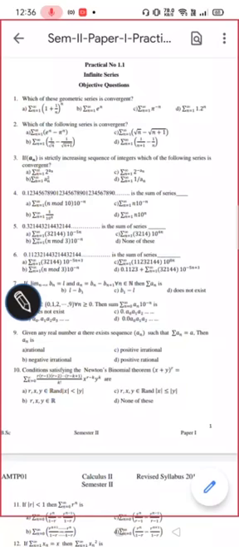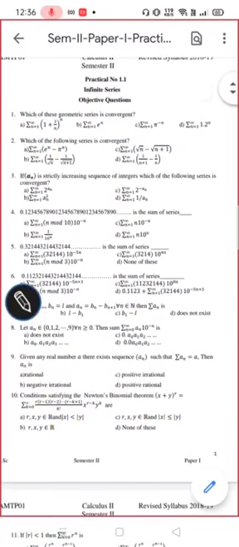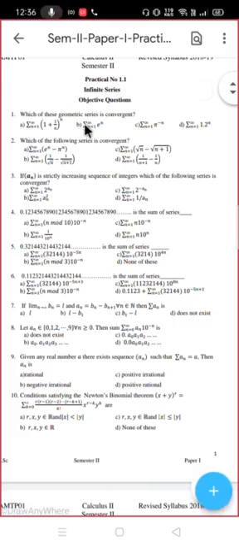Okay, let us start. Question number 1 to 10. Do you have any questions from question number 1 to 10? Any doubt, anything? Fourth one, okay.